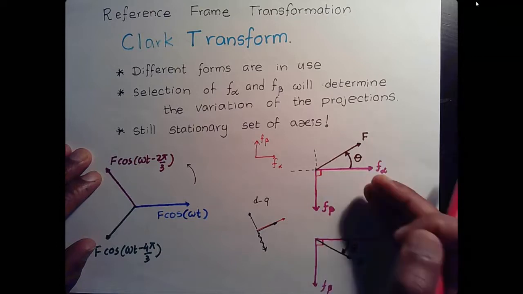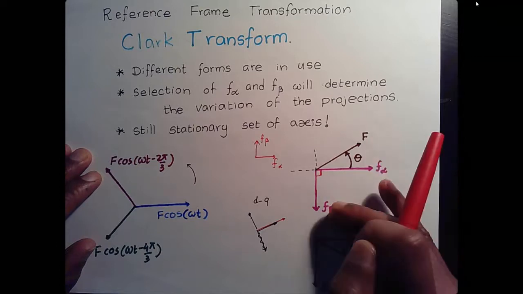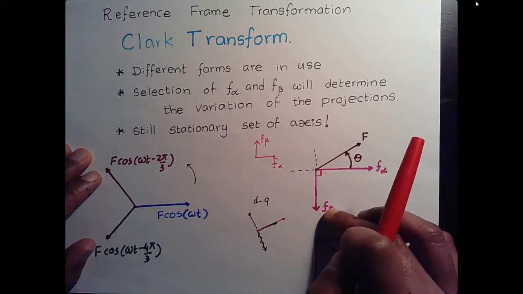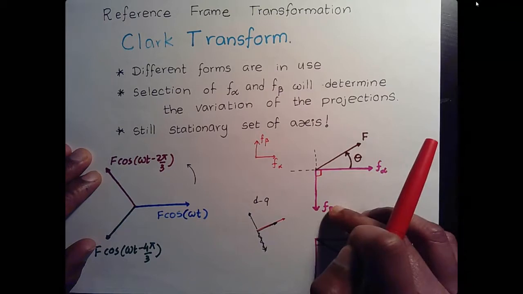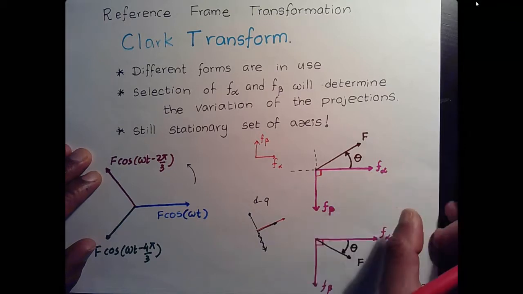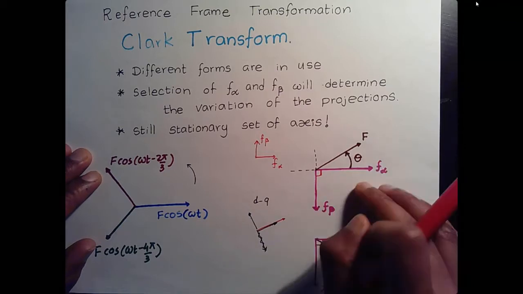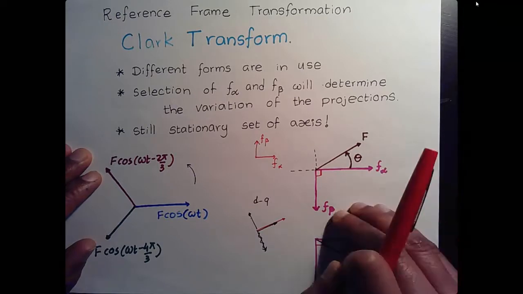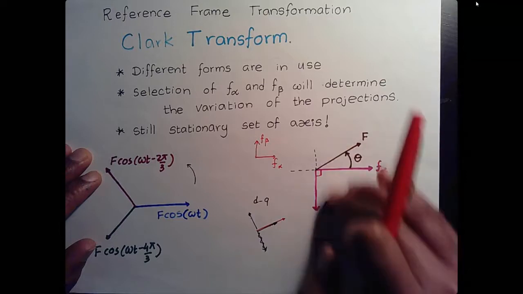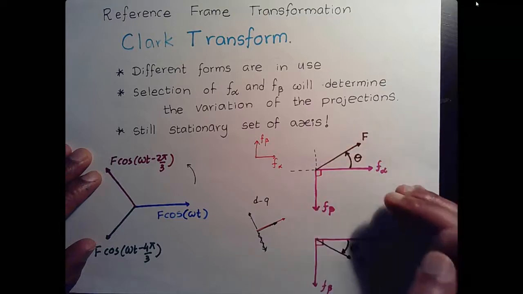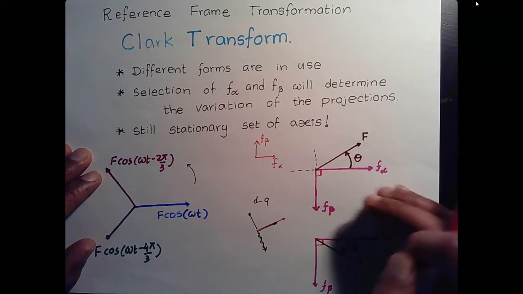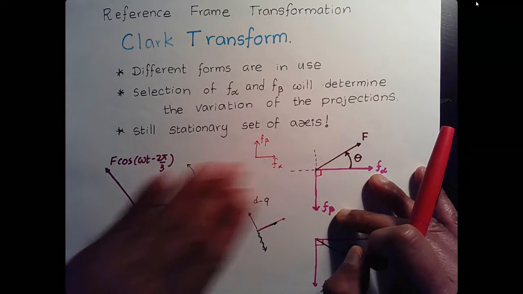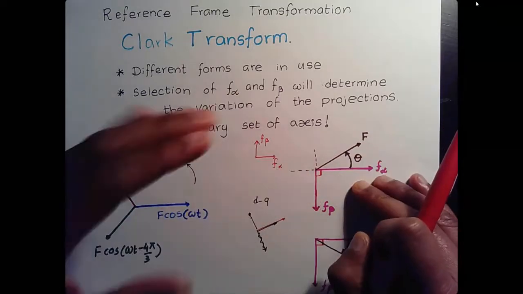Of course, you can generate all your equations based on a particular f alpha and f beta alignment or definition that you choose, and you can go back and check the previous video on how to come up with those. The key takeaway here is you can define f alpha and f beta in any direction as long as you mathematically account for that proper alignment when you go from three components to two components, essentially the projections.